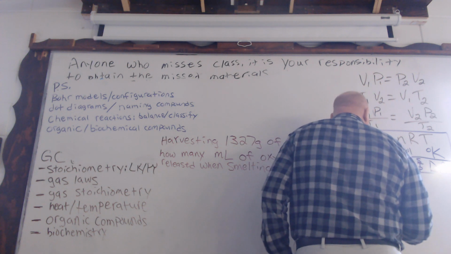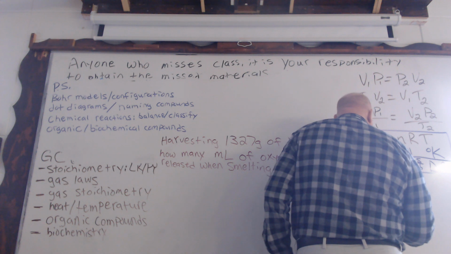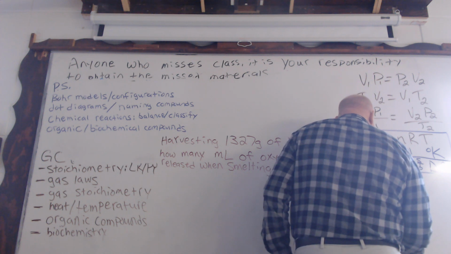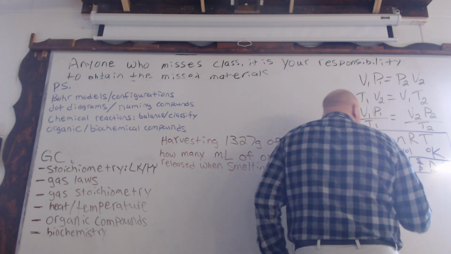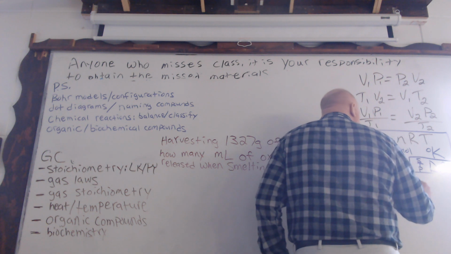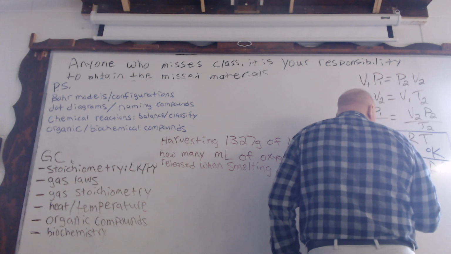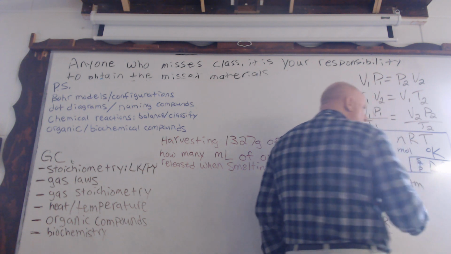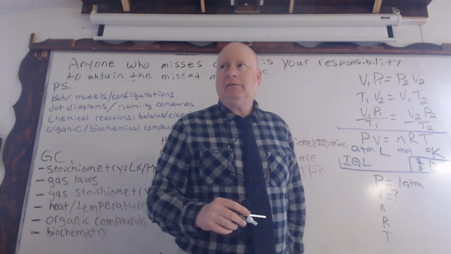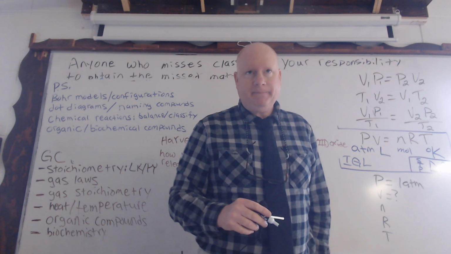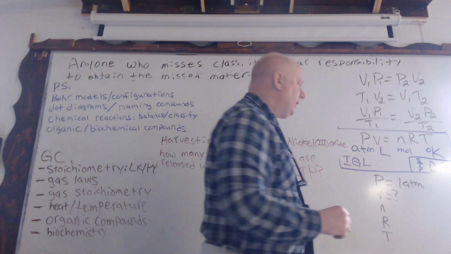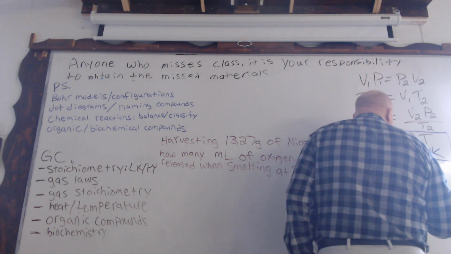Pressure in your tank, and your R. So we know pressure is 1 atmosphere. We know the volume is what we're looking for. A classic mistake, if you're in a hurry, is to look at this and say, well, we've got that already.